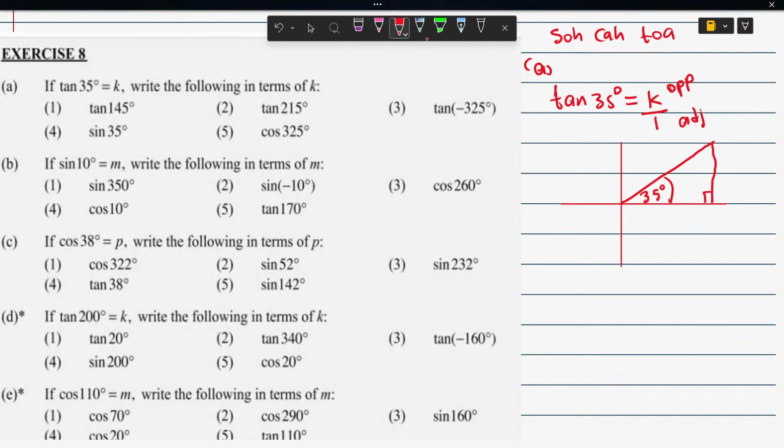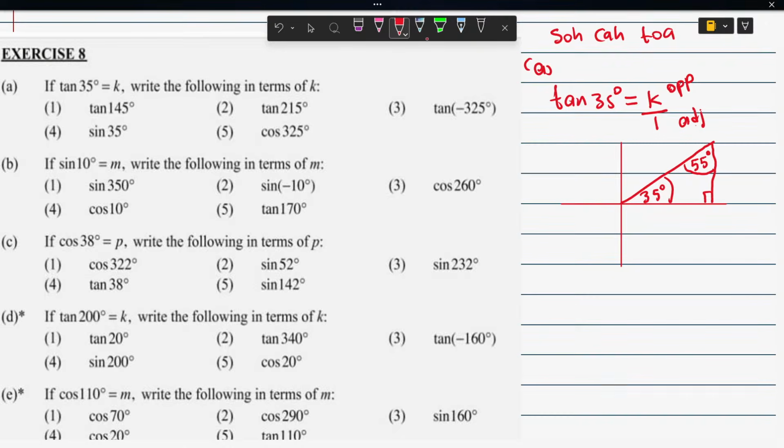This angle should be 55 degrees. You fill in all the angles in a triangle. That is what you should do immediately after working.